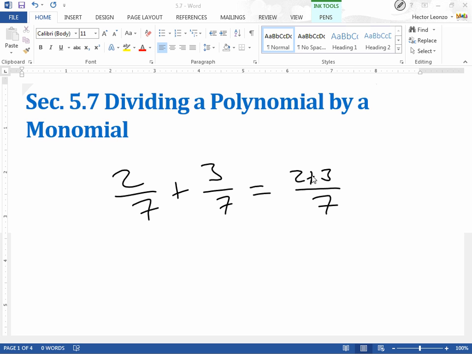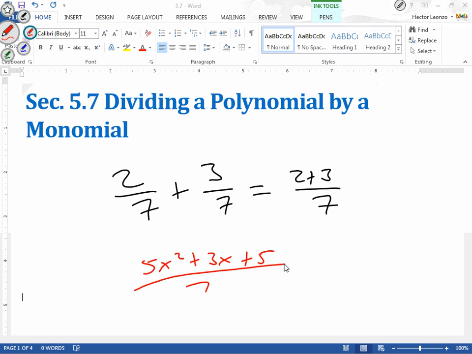Now, if this was a polynomial with a monomial, that means I could have many terms on the top. As an example, let's say I had 5x squared plus 3x plus 5, and all this was divided by 7. So when I have something on the top with the same term here, I see that with numbers only, I can split it.